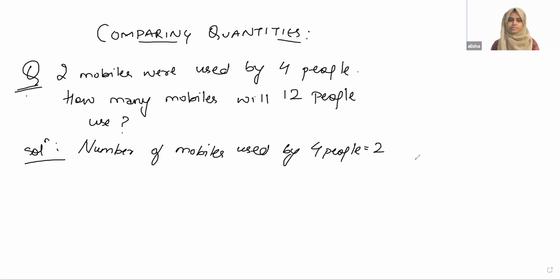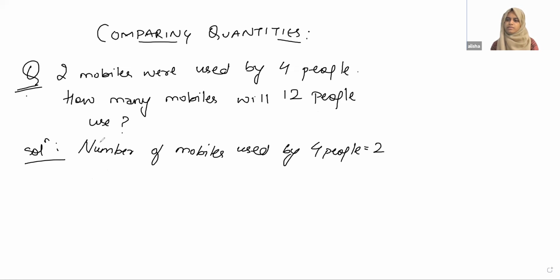You are mute. Right, ma'am. Right. So what is the question asking next? How many mobiles will 12 people use? So how can I write this statement in the form of this statement?